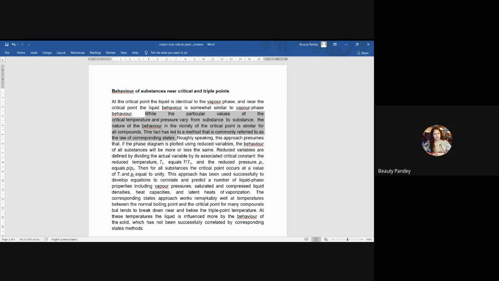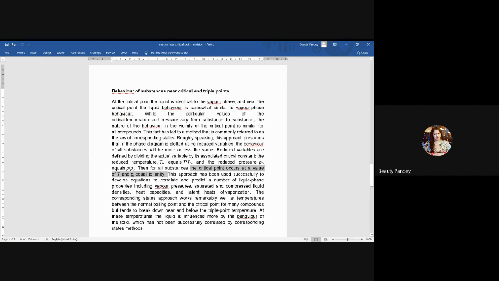Similarly, what will be the reduced pressure? It will be the pressure of the gas divided by its critical pressure. Due to this concept, for all the substances, the critical point occurs at a value of Tr and Pr equal to unity.